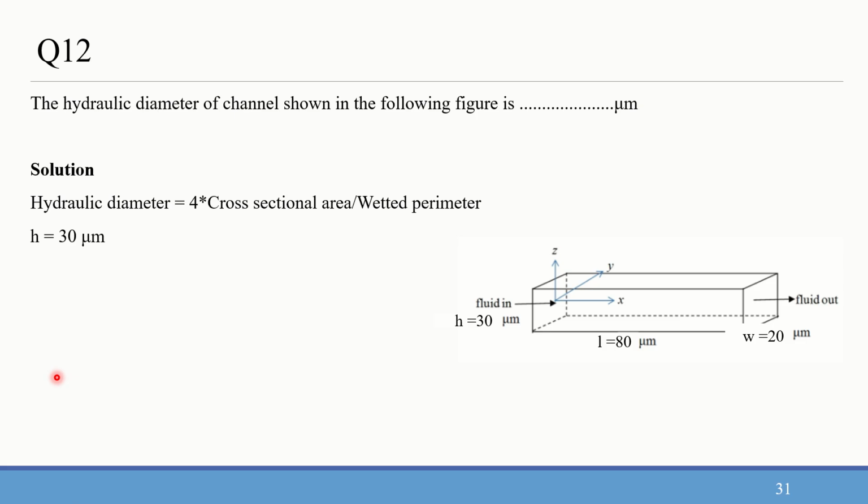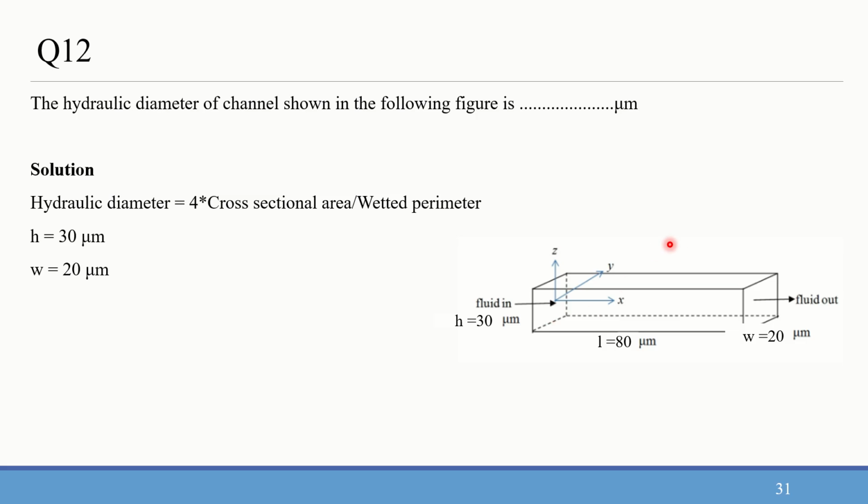Hydraulic diameter is 4 into cross-sectional area by wetted perimeter. Here the cross-sectional area comprises height and width. h is 30 microns and width is 20 microns. So these are the given things. Now find the hydraulic diameter. We need to find the cross-sectional area.